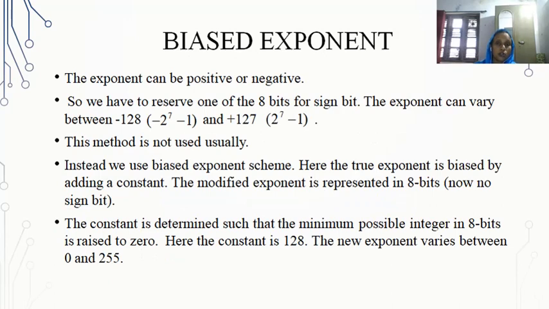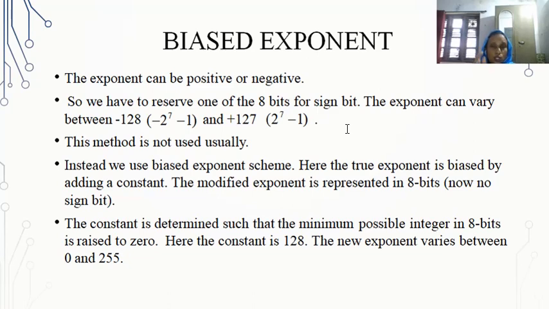So, what is a biased exponent? We have already seen that the exponent can be positive or negative. In the case of 8 bits, we already discussed that 8 bits are used to represent the exponent.